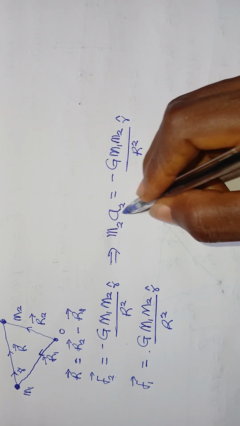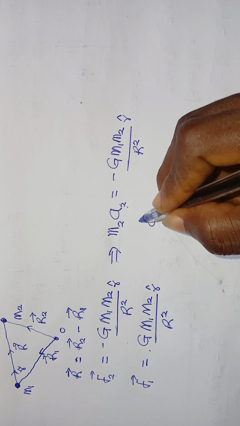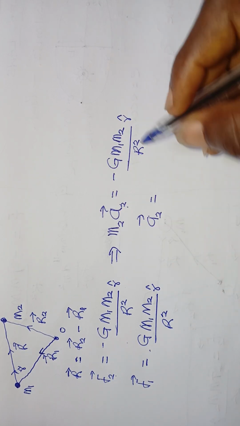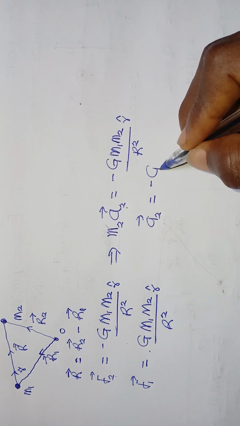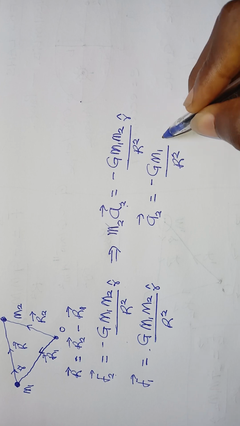So if you would want to find acceleration of object 2, a2, which is a vector now, it is going to be equal to, now the m2's cancel out, then you have negative G m1 divided by r squared r roof.